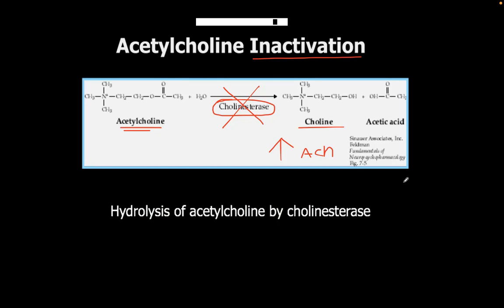Myasthenia is correct. Second is Alzheimer's disease or dementia. So we have MG, then we have Alzheimer's disease. These are the two major neurologic diseases that utilize acetylcholinesterase inhibitors. So please remember that.